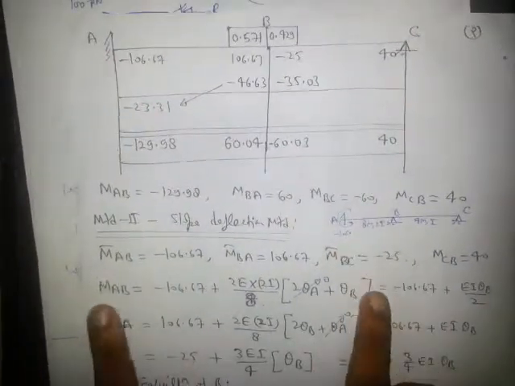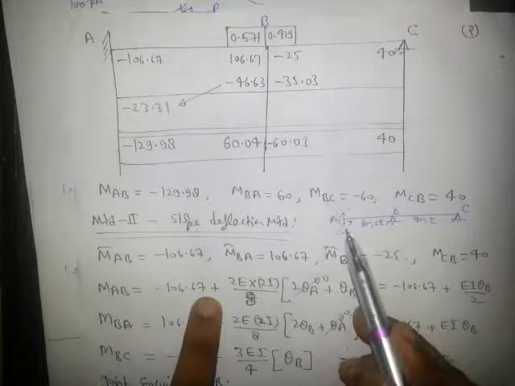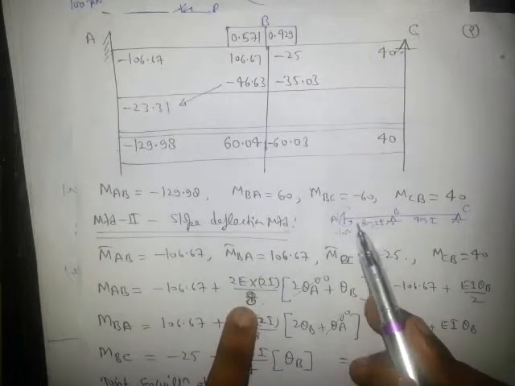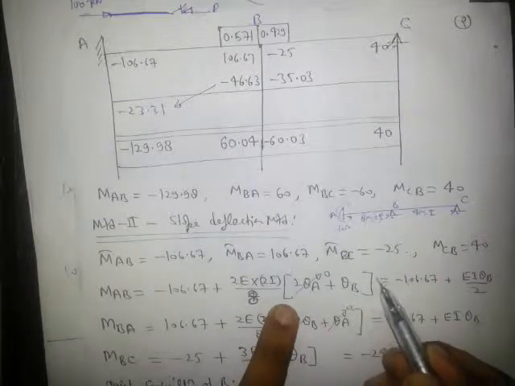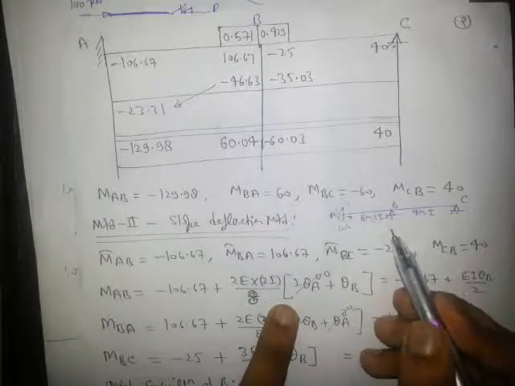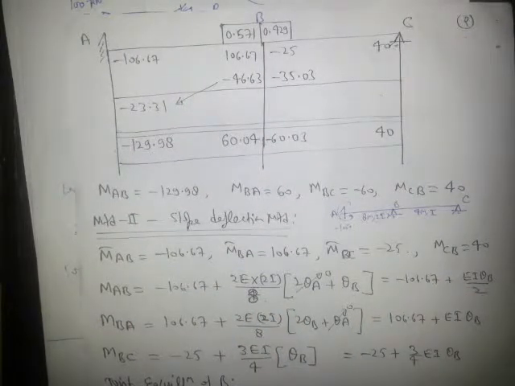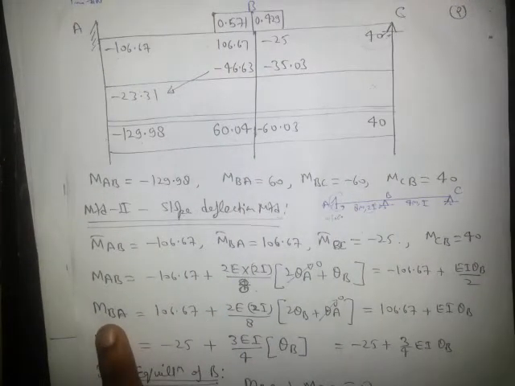MAB equal to M bar AB, meaning minus 106, plus 2EI, 2EI is 2I, divided by L, bracket 2 theta A, which is 0, plus theta B minus 3 delta divided by L. Delta is also 0 because in the question there is no sinking of supports, hence delta will be 0. If it says support B sinks or support C sinks, we will say delta will be present, otherwise delta will be 0. Okay, next will be MBA, right? This is MAB. Now we will write MBA, right? MBA will be M bar BA.